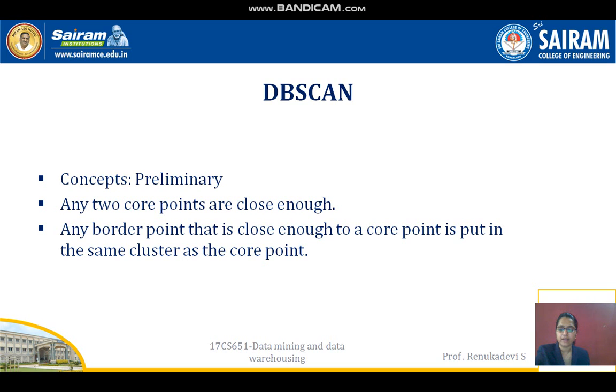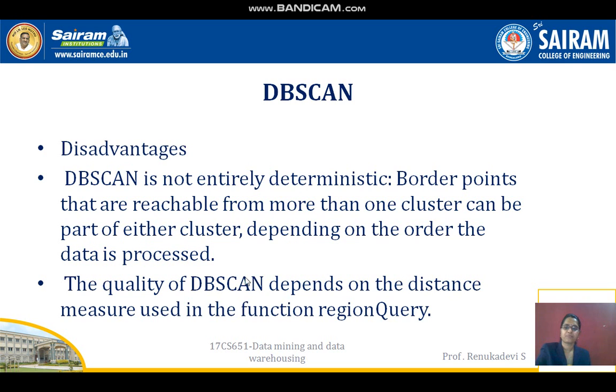That edge also comes under consideration, and the group is considered the core points with respect to the clusters. So any two core points that are close enough, this particular concept is preliminary. Any border point that is close enough to a core point is put in the same cluster as the core point. Next is the disadvantages.